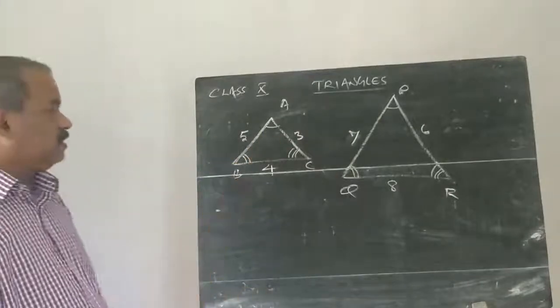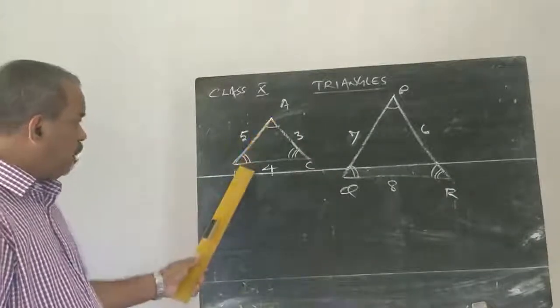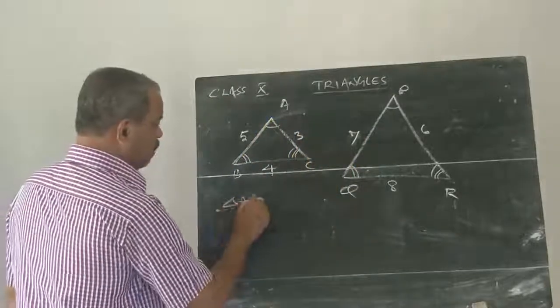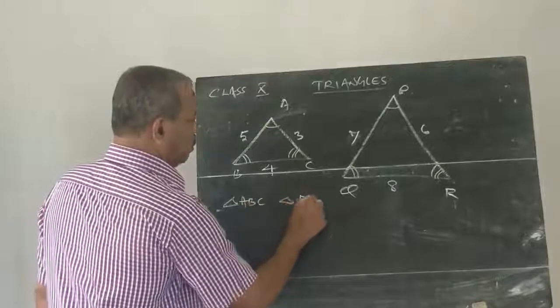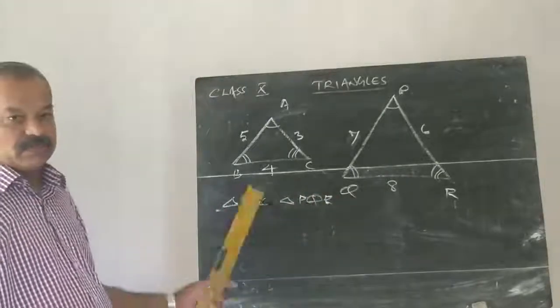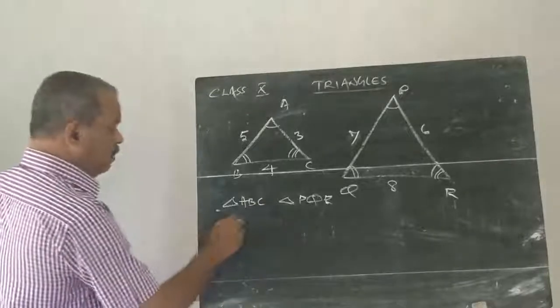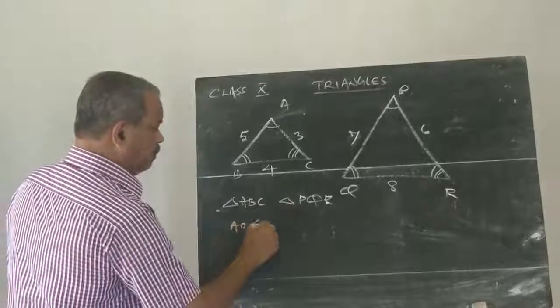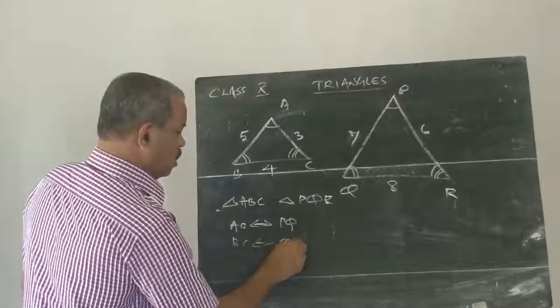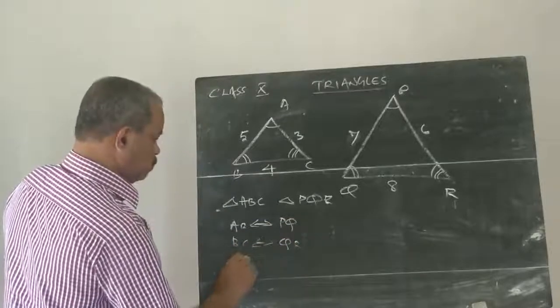Now corresponding sides: AB corresponds to PQ, BC corresponds to QR, AC corresponds to PR.